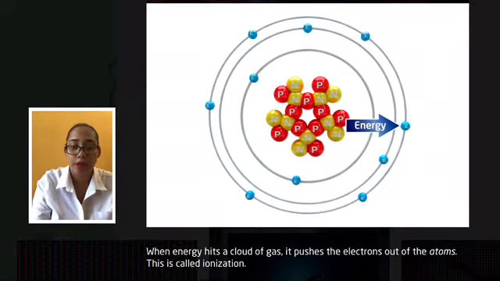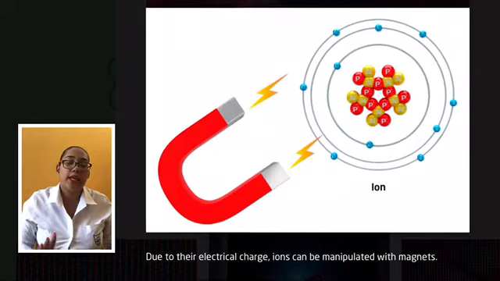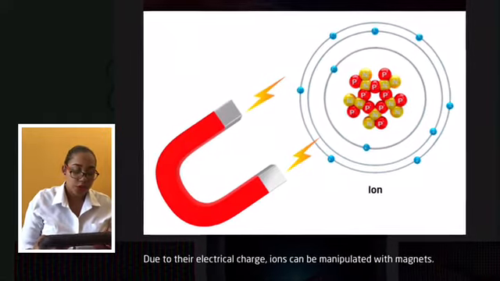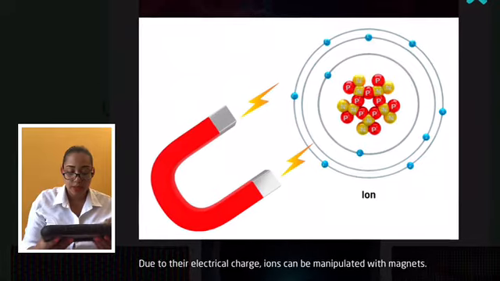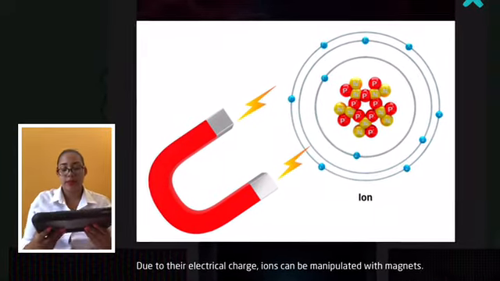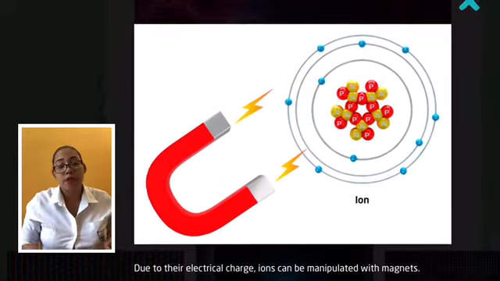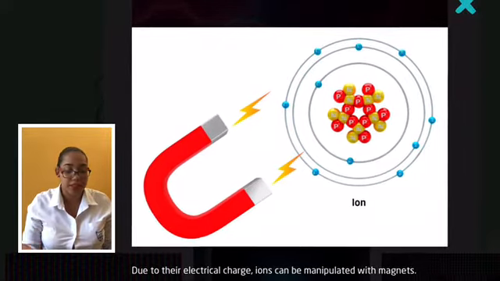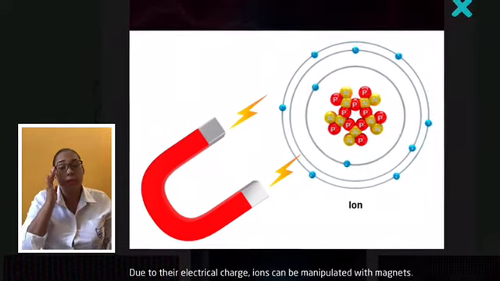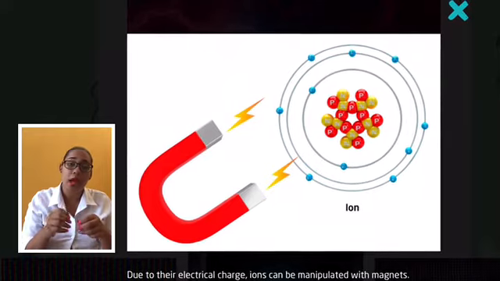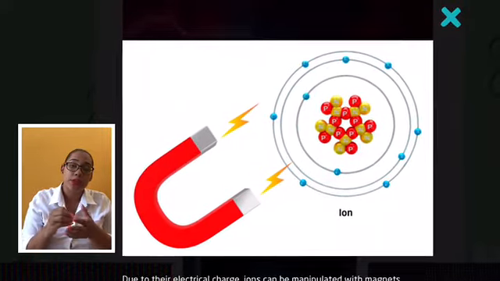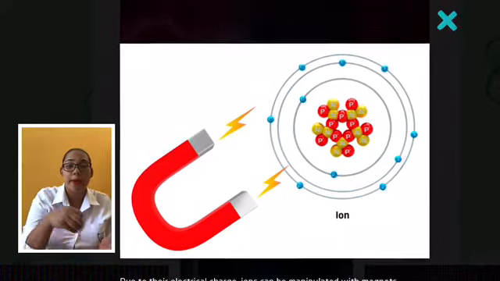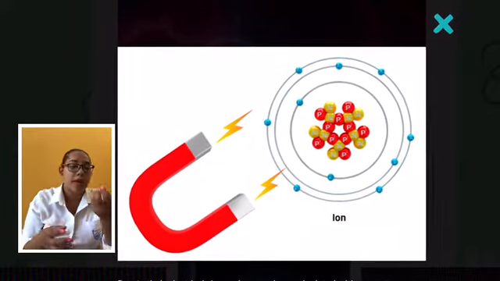Now let's see the other one. Okay, the second one says, due to their electrical charge, ions can be manipulated with magnets, okay? For example, I don't know if you have done this, but I have done it with small magnets. Sometimes I use one to grab my coins, because sometimes I have nails, right?